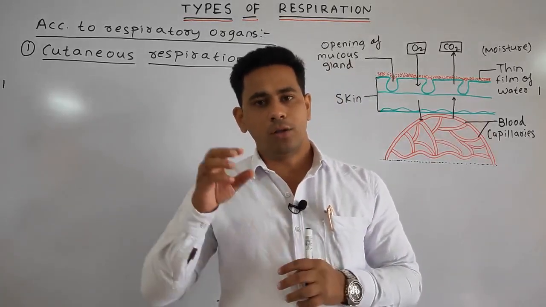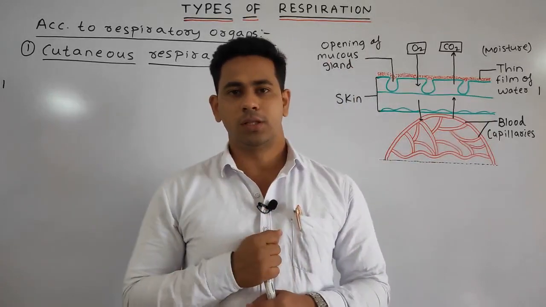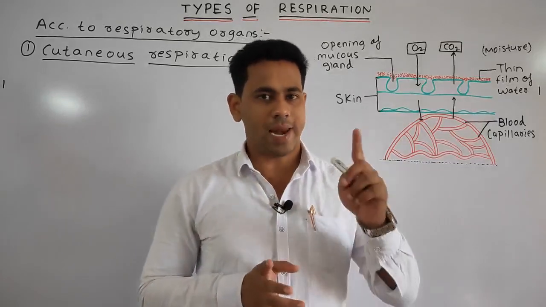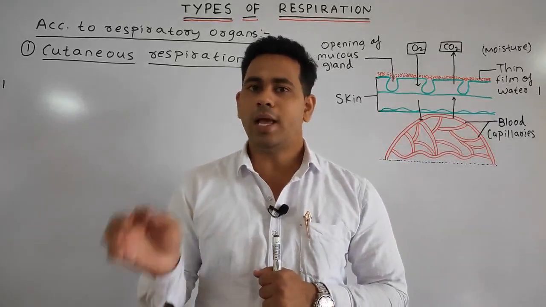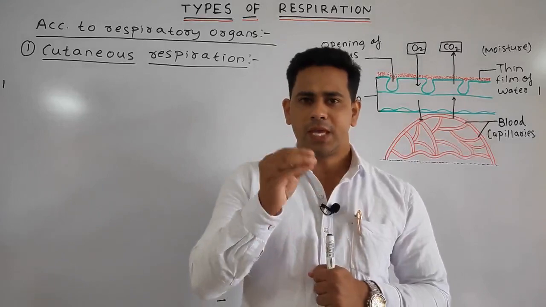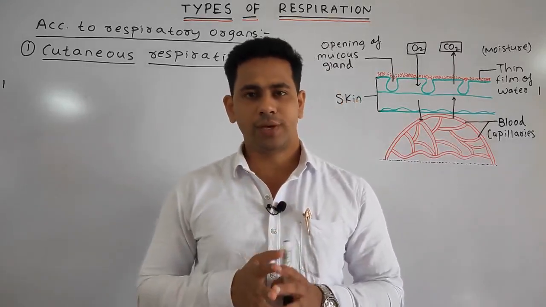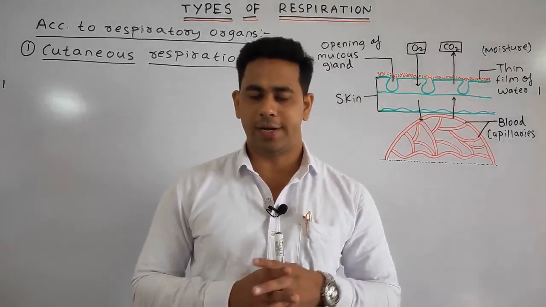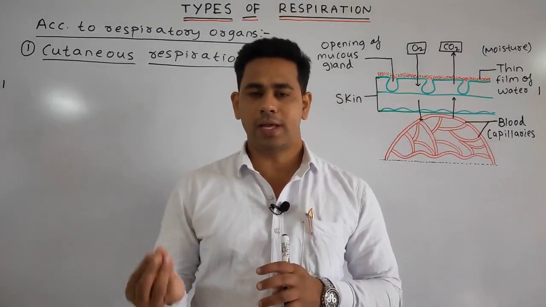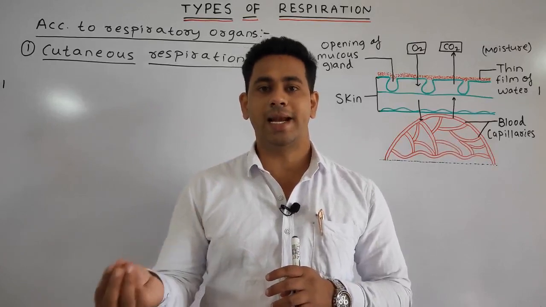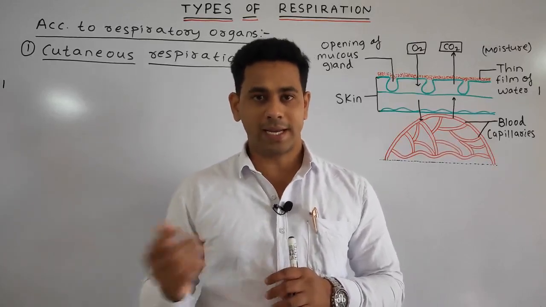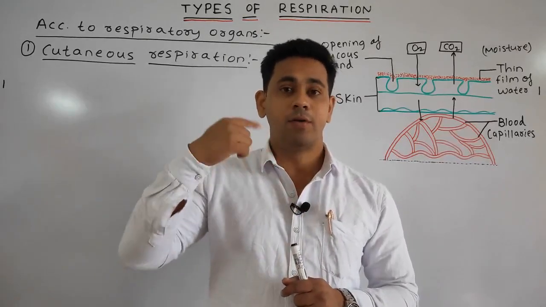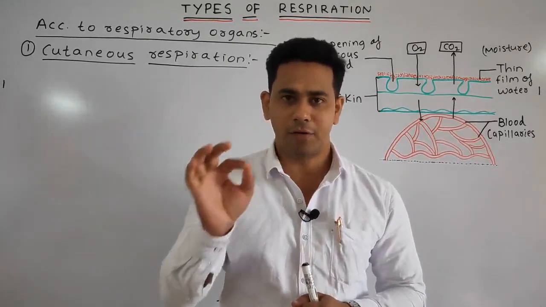On the basis of the end product, fermentation is divided into two types: alcoholic fermentation and acidic fermentation. If the end product is ethyl alcohol, it is alcoholic fermentation. If the end product is acid, for example lactic acid, then it is known as acidic fermentation.